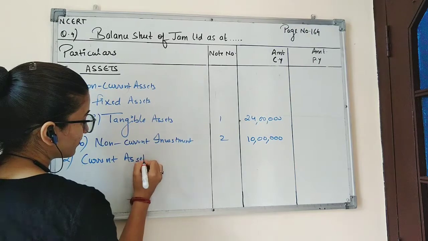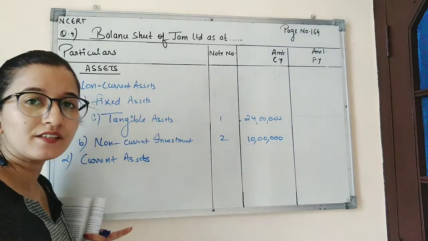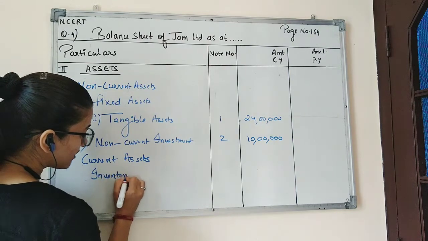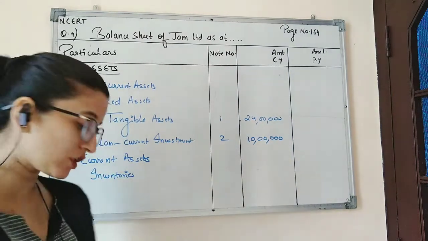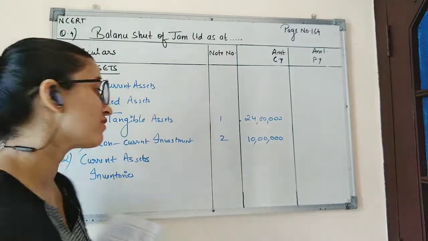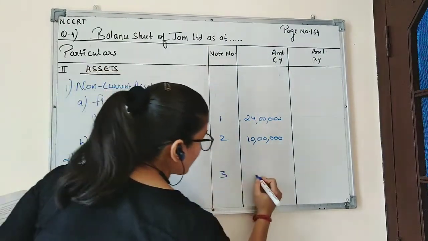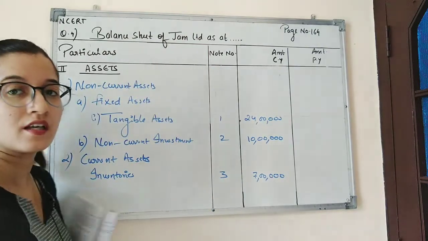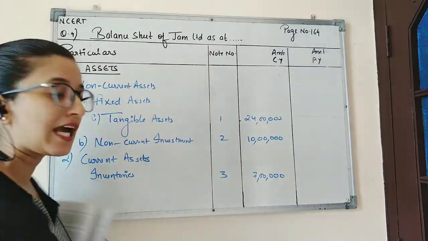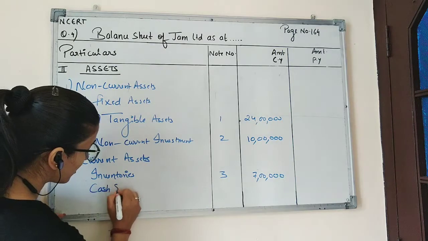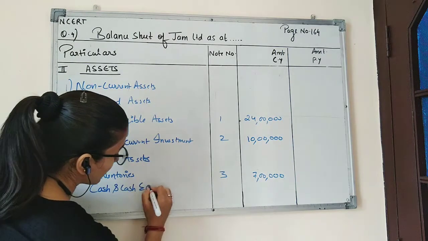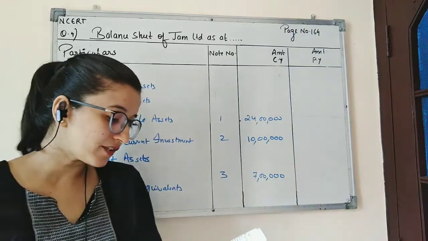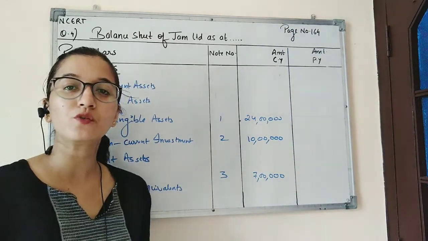Now the second part of asset is current assets. So current asset includes the sub part inventories, as inventories is given in the question amounting to rupees 7 lakh. So we will record 7 lakh in inventories. Second is cash and cash equivalents. So it is given in the question cash at bank amounting to rupees 5 lakh.